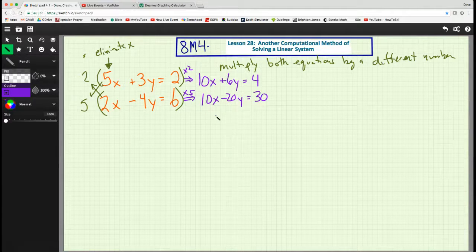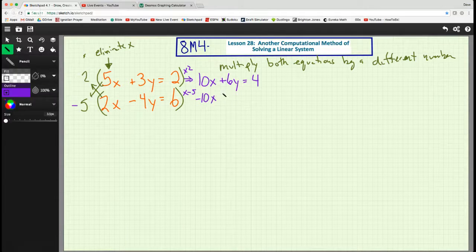What should I have done? Well, the key is if they're both positive, then I have to multiply the bottom one by a negative number. So instead of multiplying by 5, we're going to multiply by negative 5. And then we'll get the elimination.